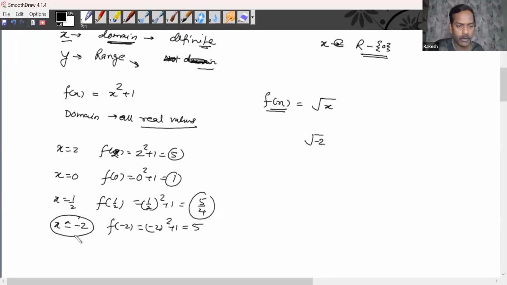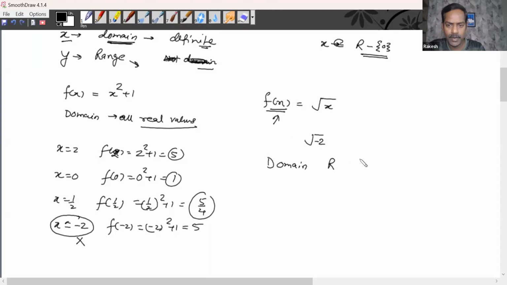So we'll say that the domain of the function will not include x equal to -2. In fact, any negative value would be discarded. Correct? So for this particular function, the domain, or the possible values of x, would be all real values which are positive. It can take negative values also?